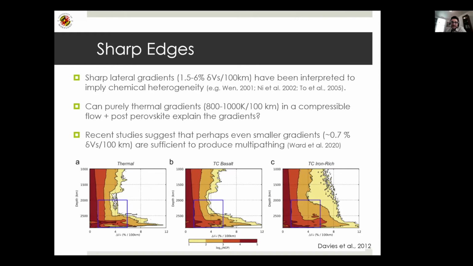Moreover, there are recent studies like this Ward et al. study published this year that suggest that even smaller gradients, such as 0.7% VS change in 100 kilometers, which we suspect can be easily explained by purely thermal variations, might be sufficient to produce multipathing, at least on the data that they looked at, but perhaps not on all data. And so this is, I think, a promising area of further study and collaboration between geodynamics and seismology.